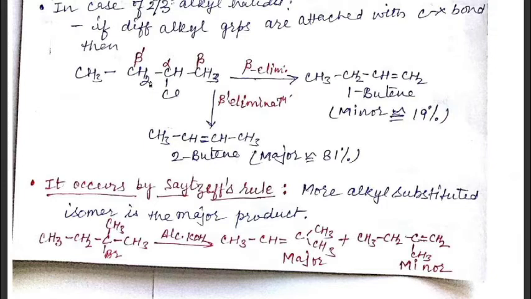So alkene, which is produced with respect to elimination of beta dash hydrogen atom, is the major product, okay, and the alkene which is produced with respect to elimination of beta hydrogen atom is the minor one. Larger alkyl group gives major product, smaller alkyl group gives minor product, okay. Minor means lesser percentage, major means higher percentage.